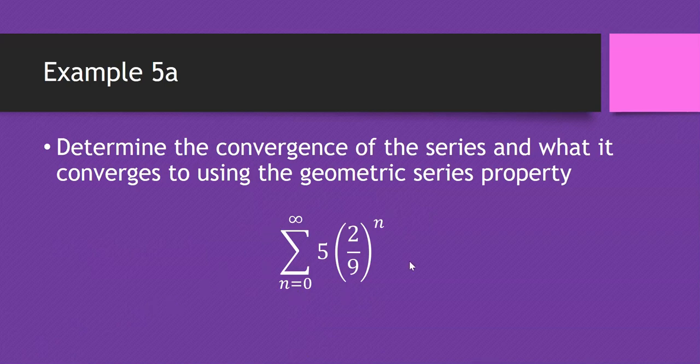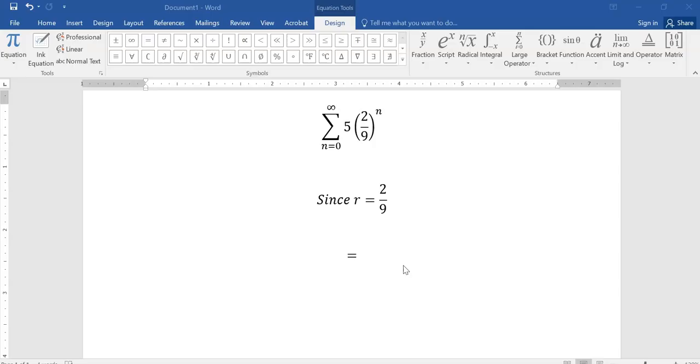So if I take this, now that I know that fact of infinite geometric series, I can simply apply that rule, that geometric rule, and come up with the sum. We're saying, since r is equal to 2/9, that's a number between -1 and 1.